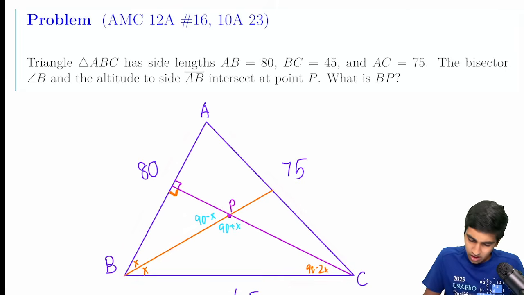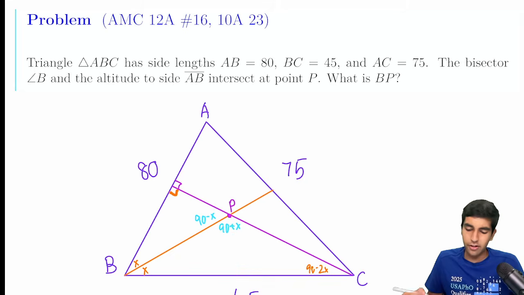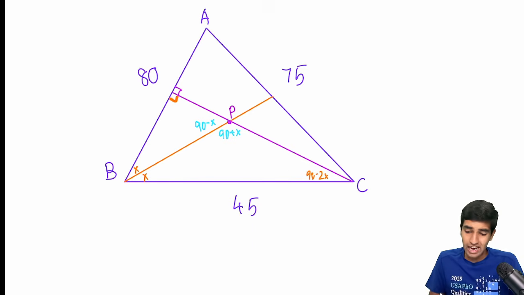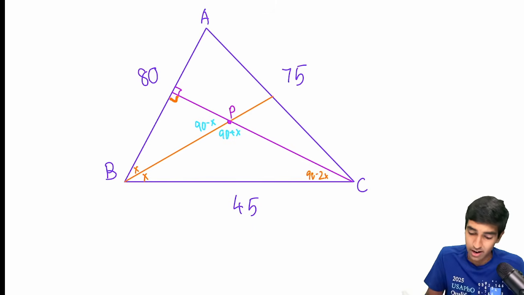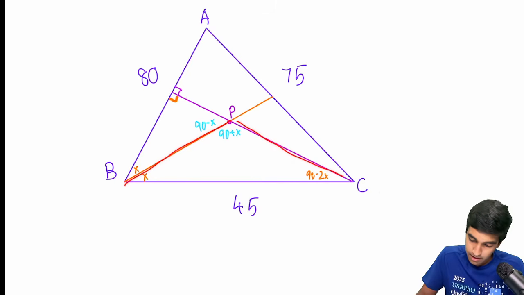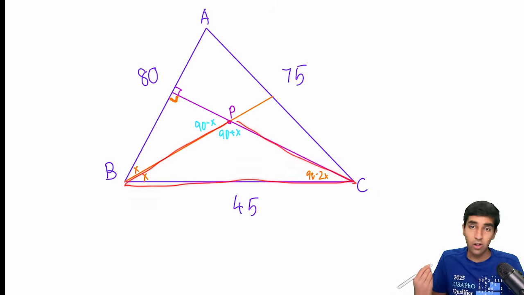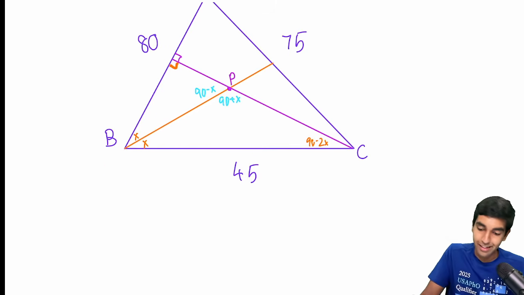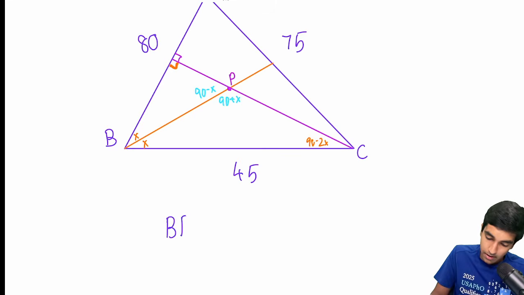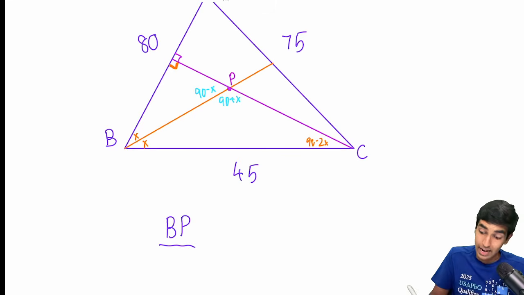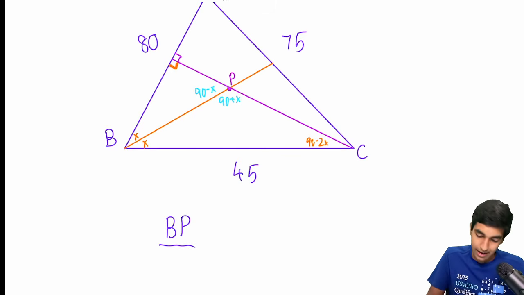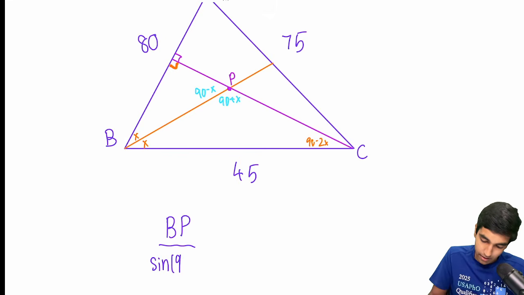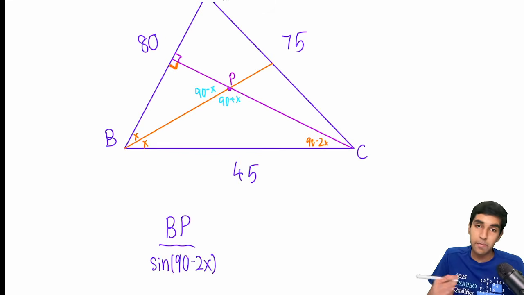There are several ways to do this actually. The most intuitive one in my opinion is just to use trig. BP, BC, that is a triangle, and we can use the law of sines. So BP over sine of 90 minus 2x. But what is sine of 90 minus something?